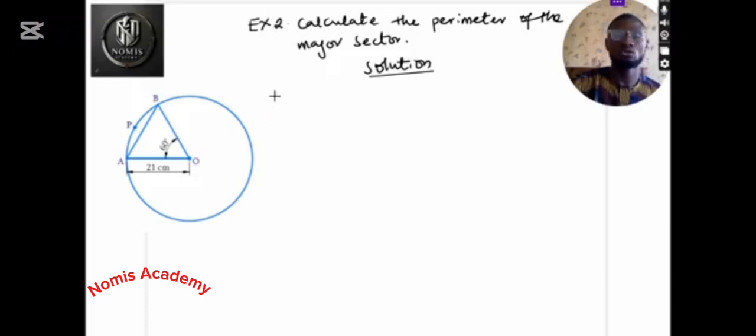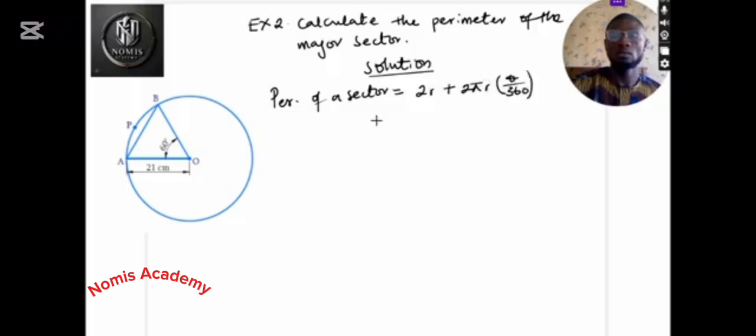The first thing I told you, when you want to solve a question in mathematics that has a formula, it is advisable that you state the formula, for that gives you an additional mark. So perimeter of a sector is equal to 2r plus 2 pi r open bracket theta all over 360.